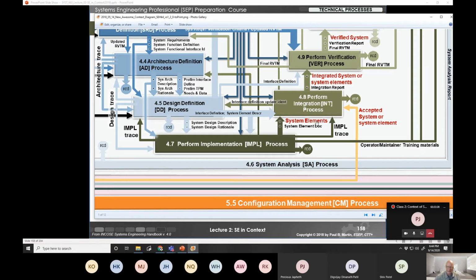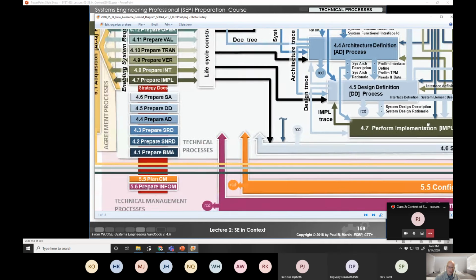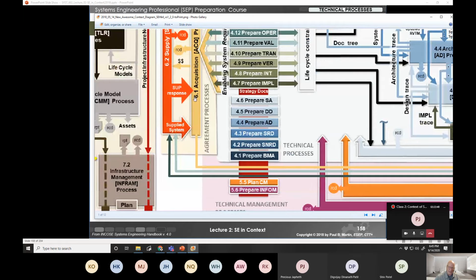Notice in red, I put in kind of the final, everything you work towards to get to this point, the actual physical manifestation. So your system elements come out from you actually creating those elements, or you actually go in and acquire those elements.